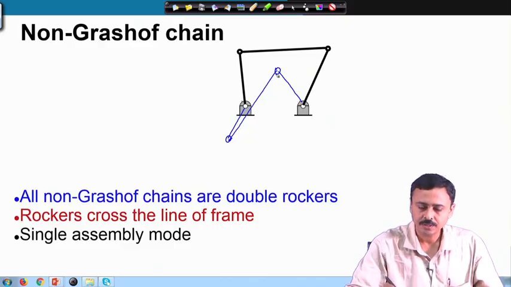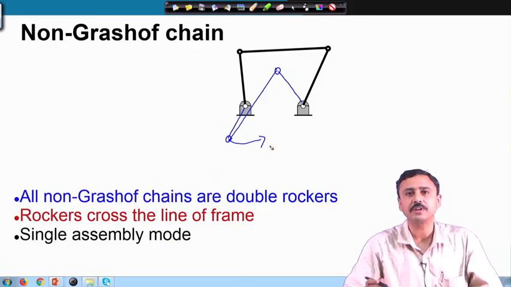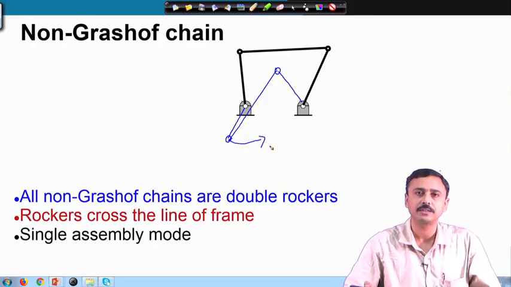Something like this, and this can move till it reaches a configuration beyond which it cannot rotate.